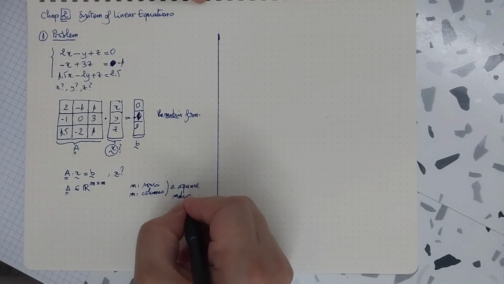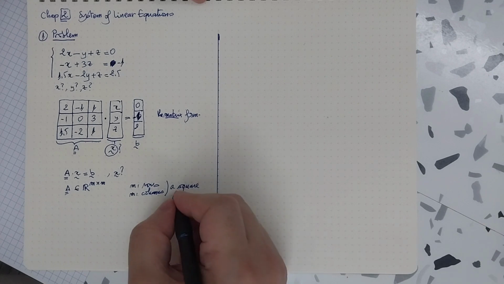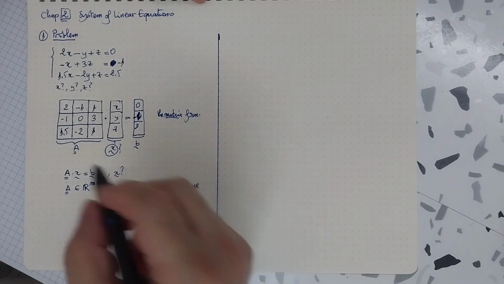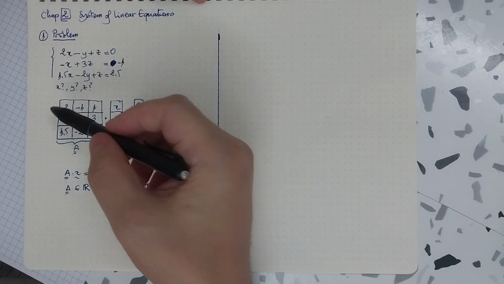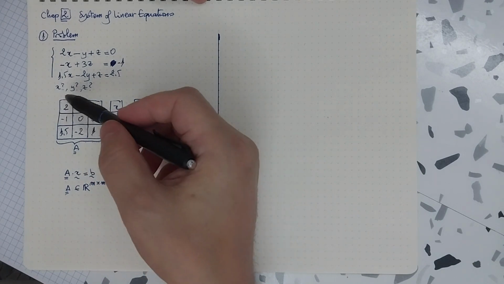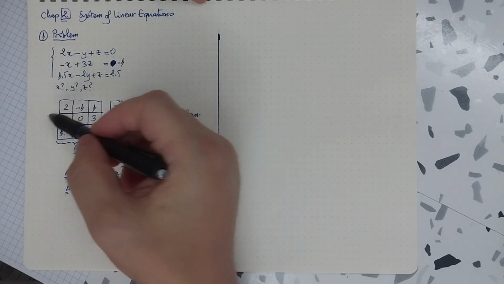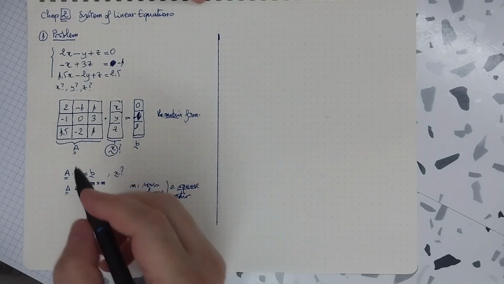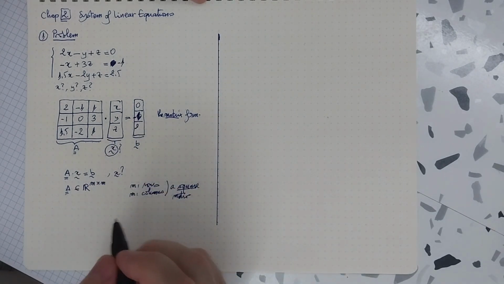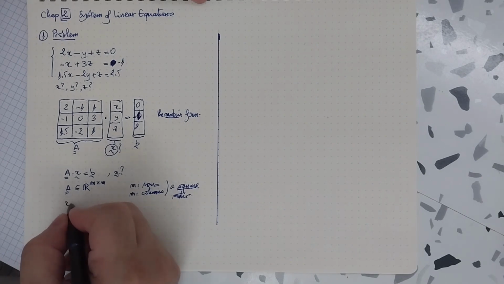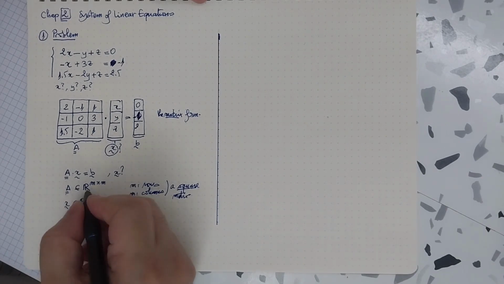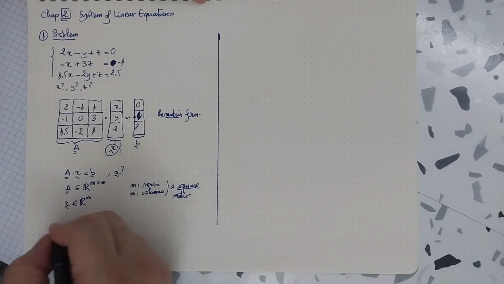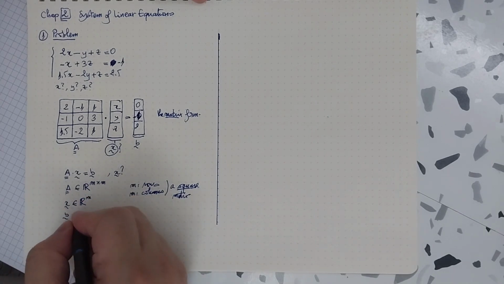So the matrix here must be a square matrix. The number of rows equals the number of columns, because the columns represent the unknowns and the rows represent the equations. And the vector x belongs to R, m, and b the same.